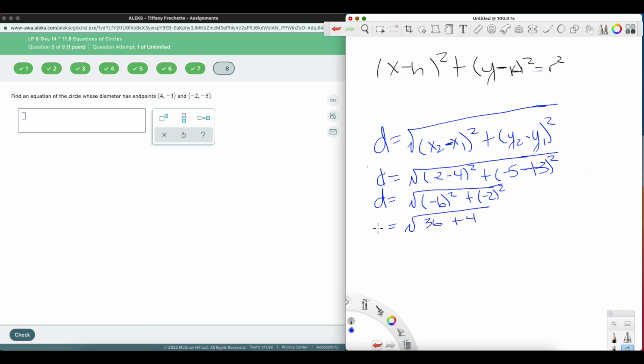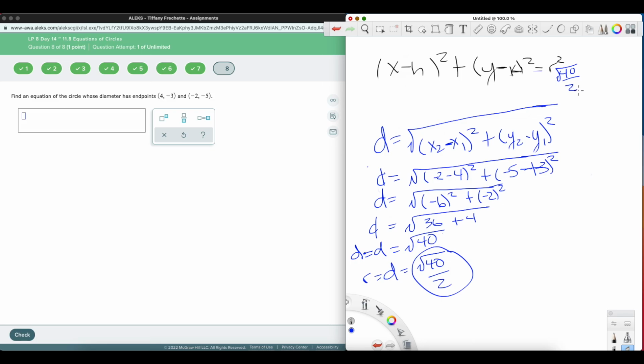So we end up with 40. The distance of the radius, because this is the diameter, so the diameter distance, I know that's kind of funny, d equals d. Diameter distance is square root of 40. The radius distance is the square root of 40 divided by 2. So we know this part already. And we're going to square that, right?